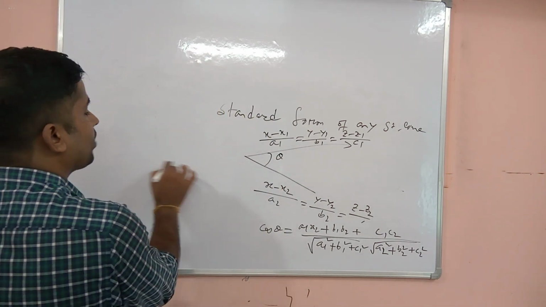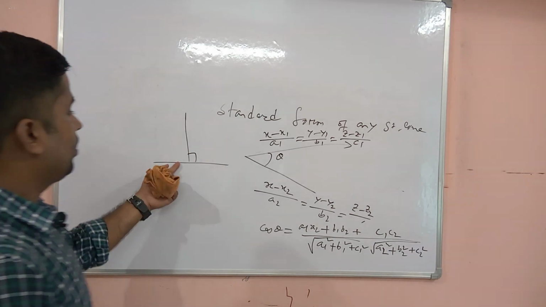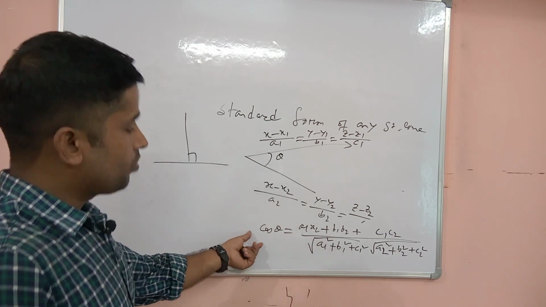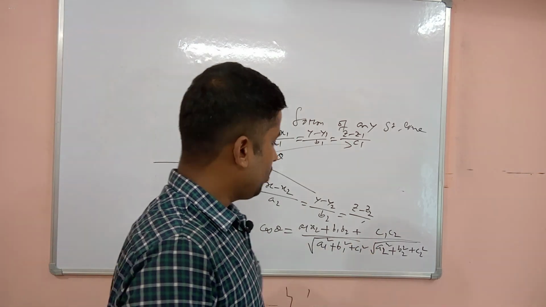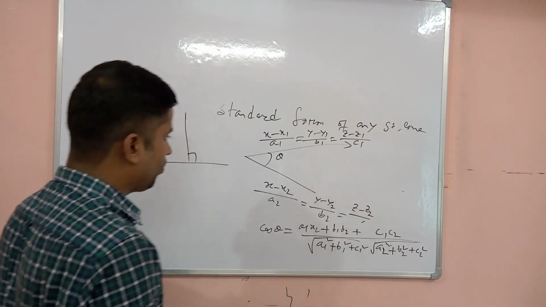Suppose two straight lines are perpendicular to each other, then the angle between them would be 90 degrees, then cos 90 is equal to 0, then it shall imply a1 a2 plus b1 b2 plus c1 c2 equal to 0.